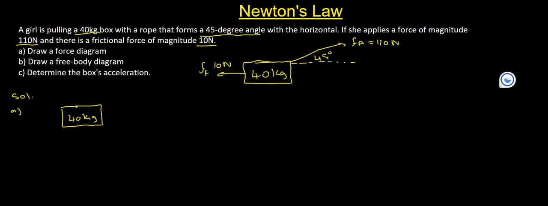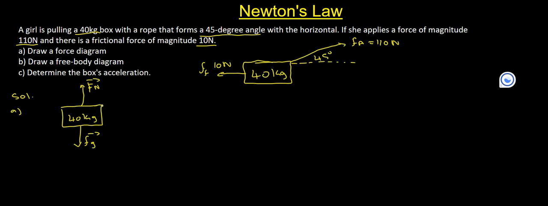Number 1, because this is on a horizontal surface, we have the normal force, Fn. And we have Fg, which is the gravitational force. And since our box is not moving up and down, then our forces will be balanced.